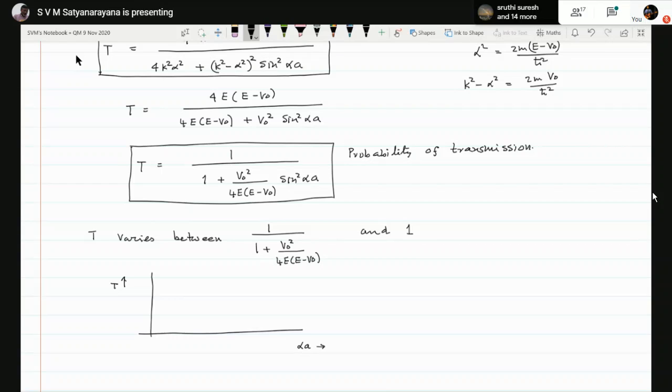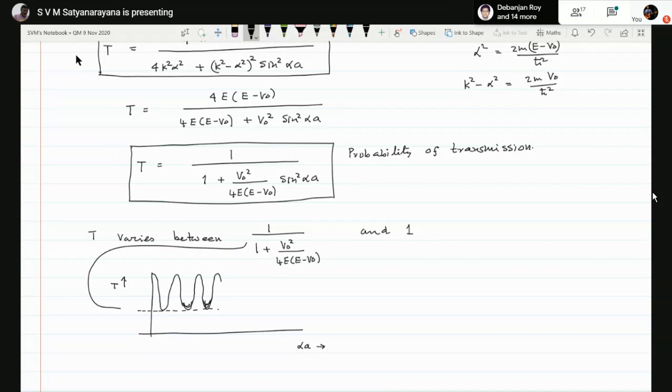So when alpha a is equal to 0, it is 1, and then it will come down to some minimum and then go to 1 again, come down to a minimum, go to 1 again, like this. And everywhere it comes down to the minimum, the minimum that it comes down to is this value.